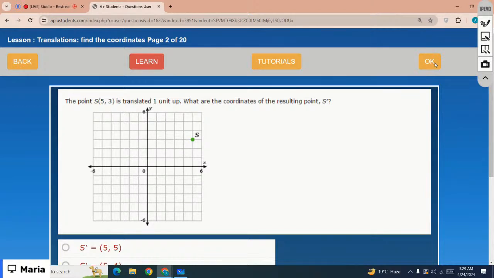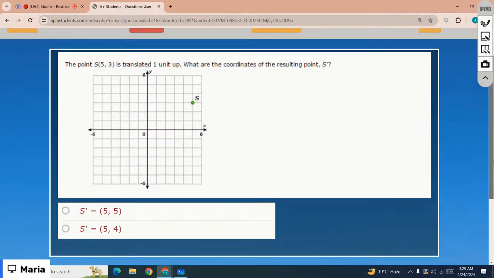The point S (5, 3) is translated 1 unit up. What are the coordinates of the resulting point S dash, which is the correct option? Up means you need to add 1 to the y-coordinate, right? So, which is the correct option?